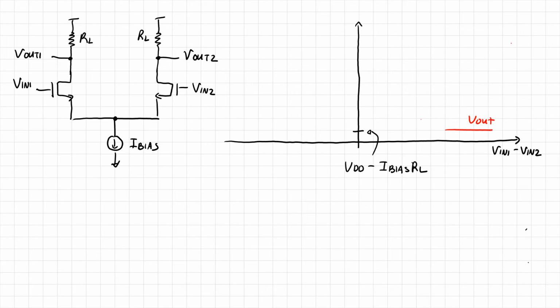Now, likewise, in that very same condition, when Vin1 is much larger than Vin2, then Vin2 is very small, and as a result, no or very little of Ibias flows through it, and as a result, there's very little IR drop across RL, and its voltage is basically just VDD.